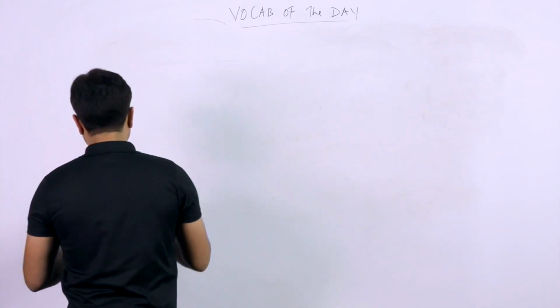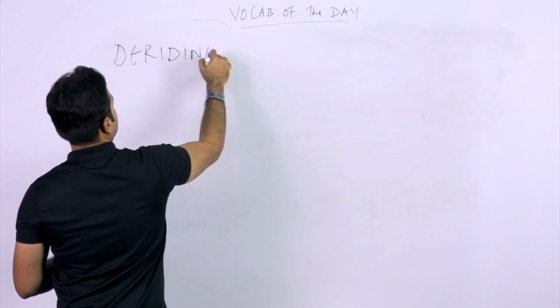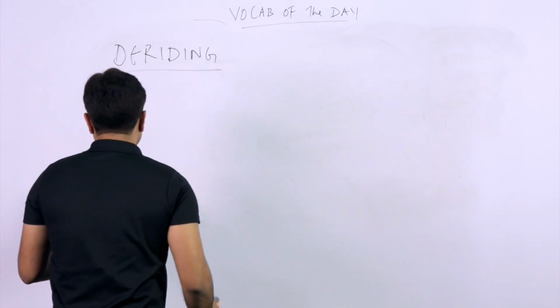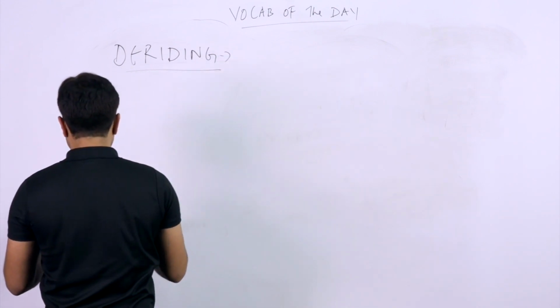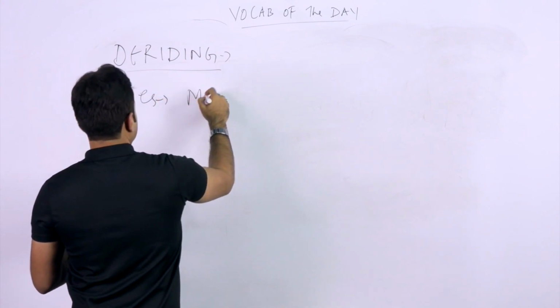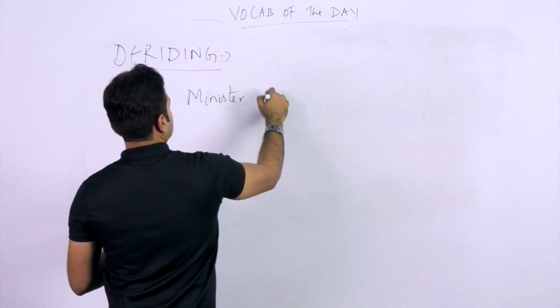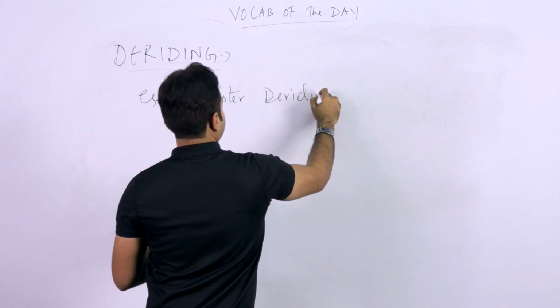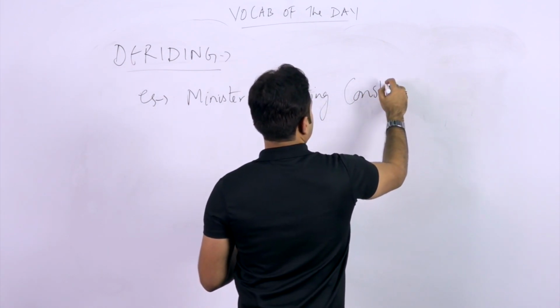The next word I have taken is deriding. Here is the sentence for deriding. What I have used is very simple. Now let me write the sentence: Minister deriding constitution.